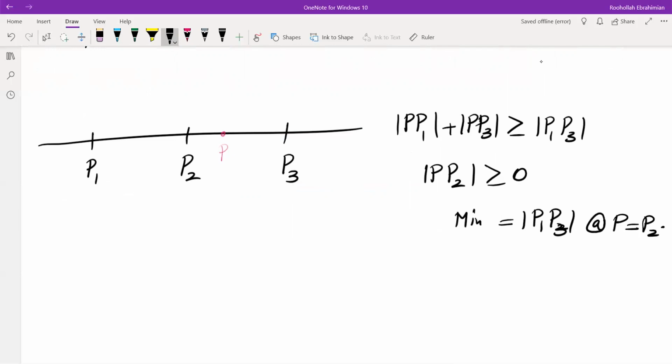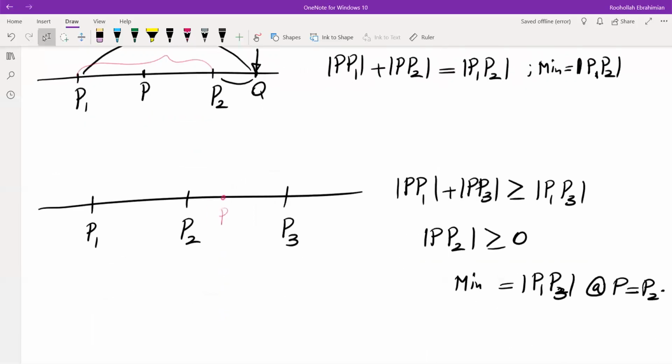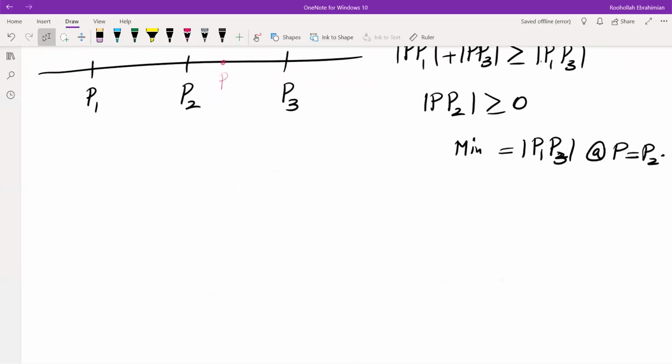So going back here, we see that for n equals 2, the distance between the 2 points is the minimum. For n equals 1, the point should be on the point P1, and for n equals 3, the point should be on the point P2.